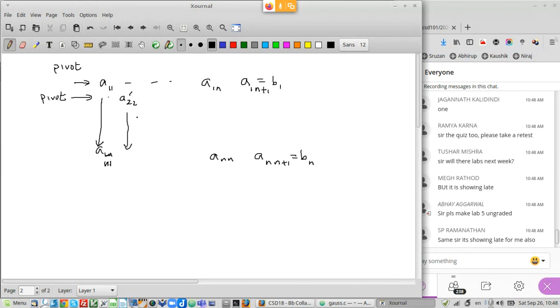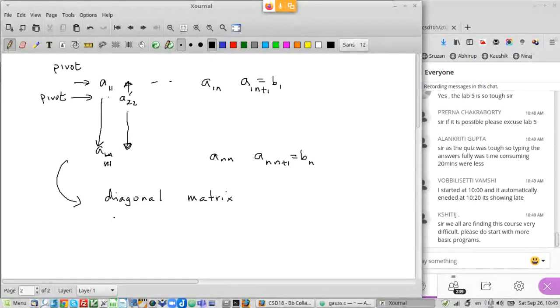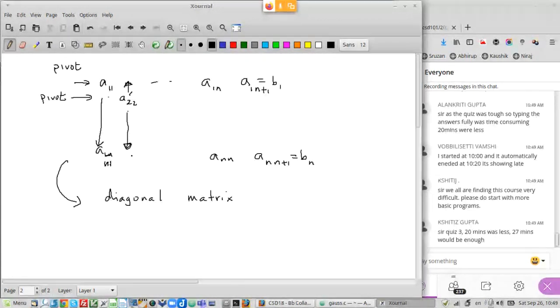Instead of eliminating everything below the pivot element, you eliminate everything both below and above. So instead of having a triangular matrix, you will have a diagonal matrix.